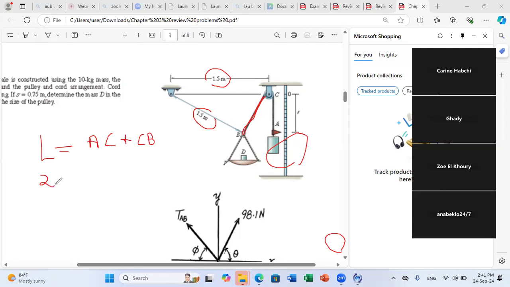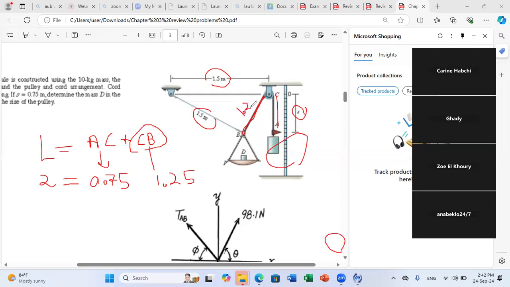And also they told you that at this position of equilibrium, S is given to be 0.75. So you know that AC is 0.75. Then you can deduce from this equation that CB at this position is equal to 1.25. So we can annotate this here.